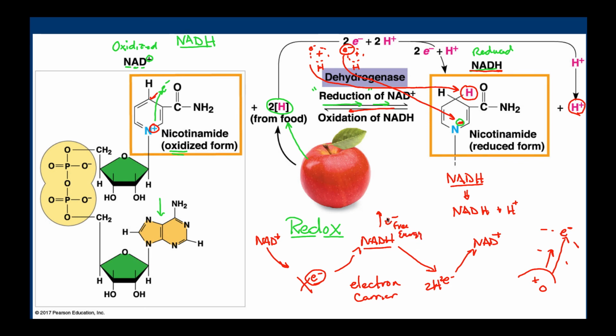And we're going to see how the cell has utilized those high energy electrons to help get work done for the production of ATP. Okay, so again, this is just a simple review of oxidation reduction reactions. We simply call them redox reactions. And we'll see a number of examples of redox occurring during cellular respiration.